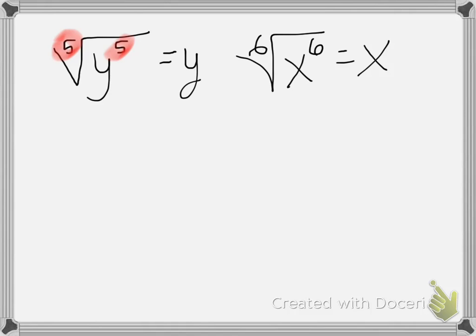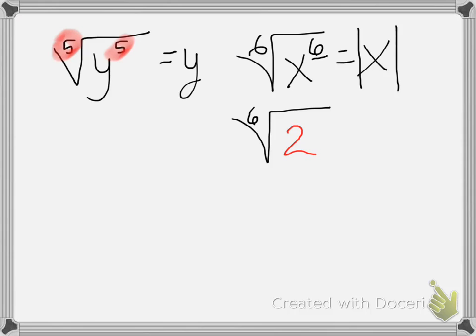But the one thing, if you have even exponents, remember that x could be negative, because a negative times a negative equals a positive. So if you have an even exponent, then you have to say that it's the absolute value of x. Because, let's just put a number in for x.